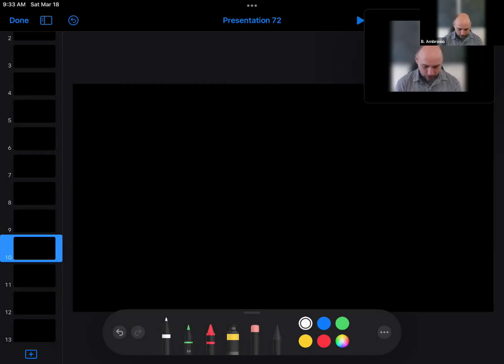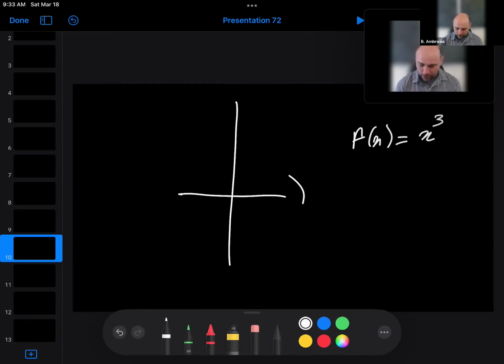All right, now let's say I want to represent f of x equals x to the third. Now f of 1 is 1, f of 2 is 8, f of minus 1 is minus 1, and f of minus 2 is minus 8. So I will have something like that.